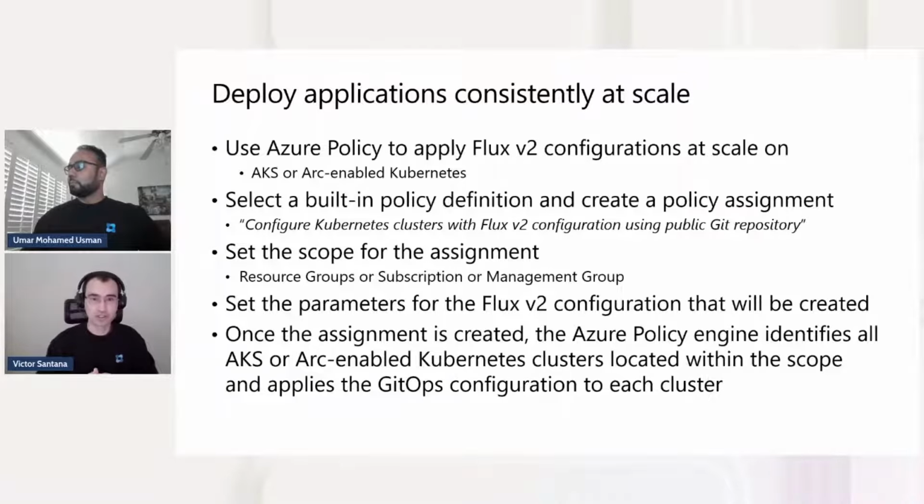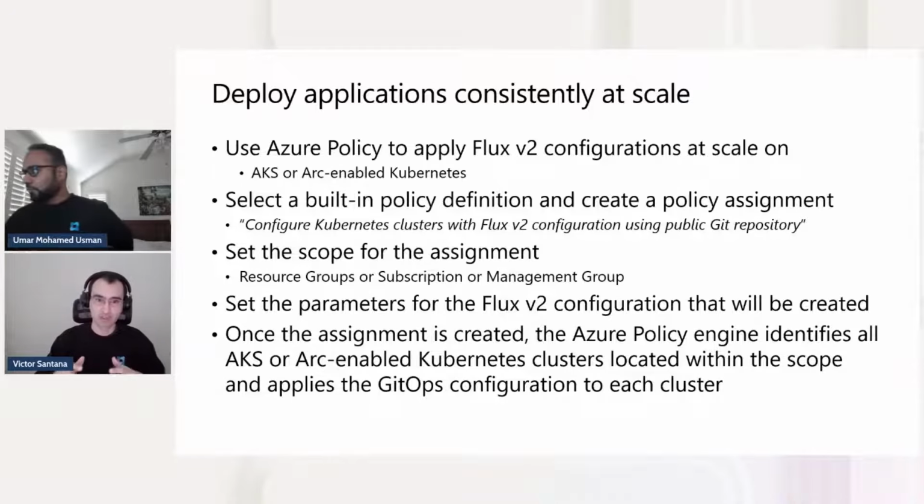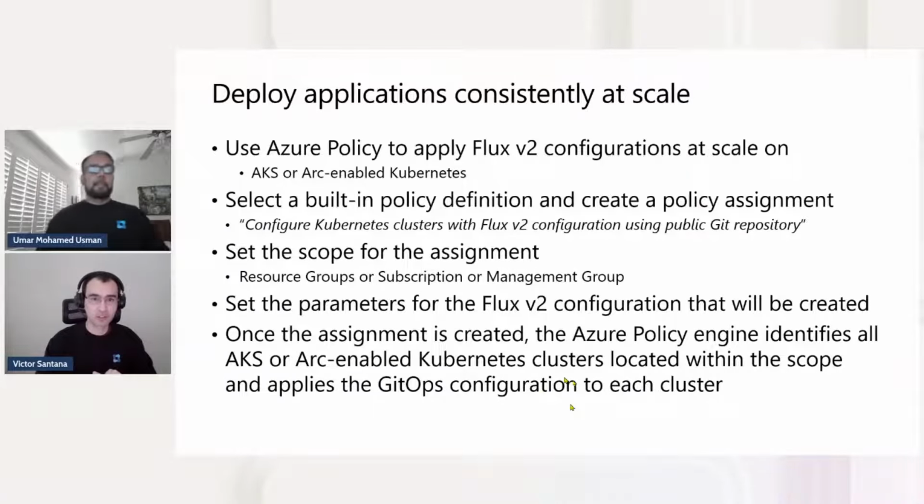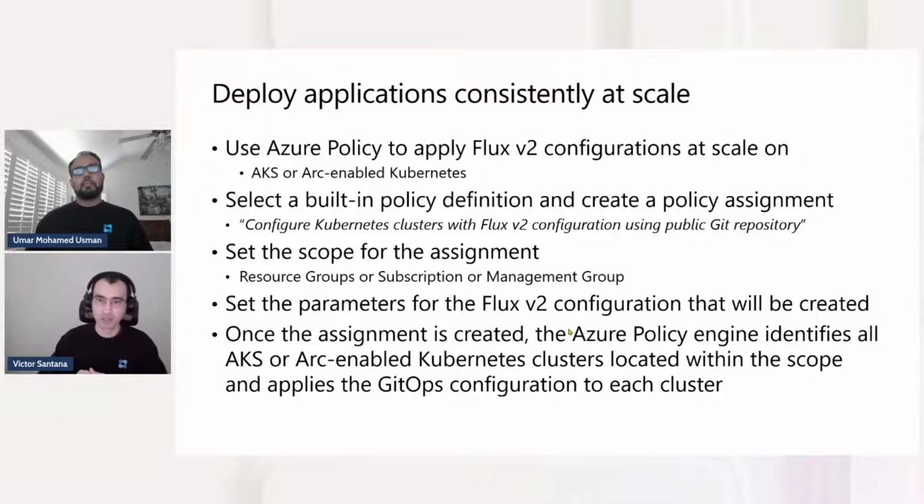Once it's joined and exposed to Azure, you can rely on all of those things we are saying. And then the answer would be yes. You can use multi-cluster, single repo, and deploy all of them at once. That's exactly what I was demonstrating a few seconds ago. Okay, cool. Thanks, Victor.